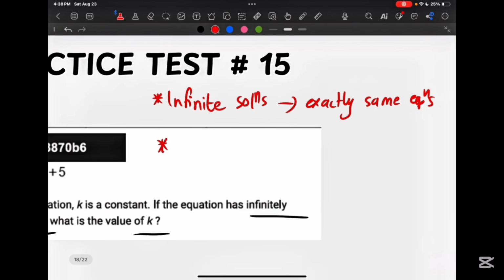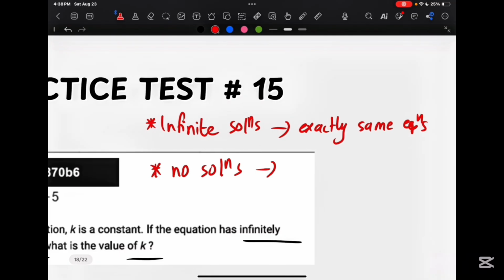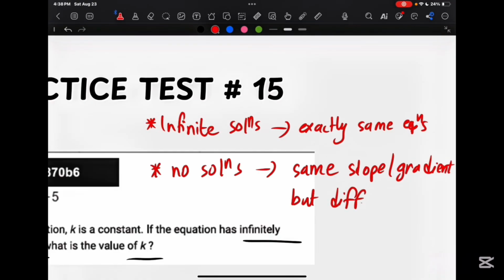So if something has no solutions, in that case, this means that they have the same slope or gradient, but different y-intercept.